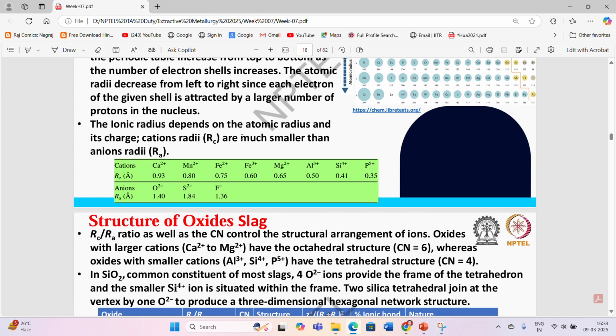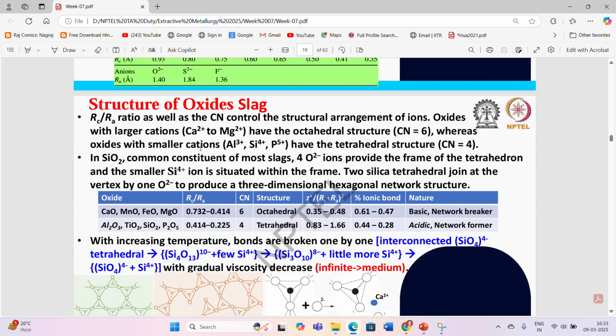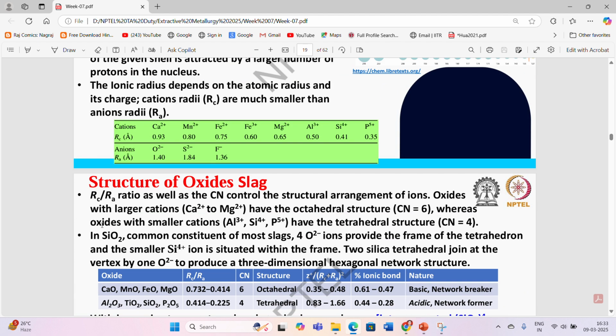The ionic radius depends on the atomic radius and its charge; cation radii are much smaller than anionic radii. So the structure of oxide or slag is described by Rc upon Ra, the cationic radii to anionic radii ratio, and the coordination number controls the structural arrangement of the ions inside the slag phase.